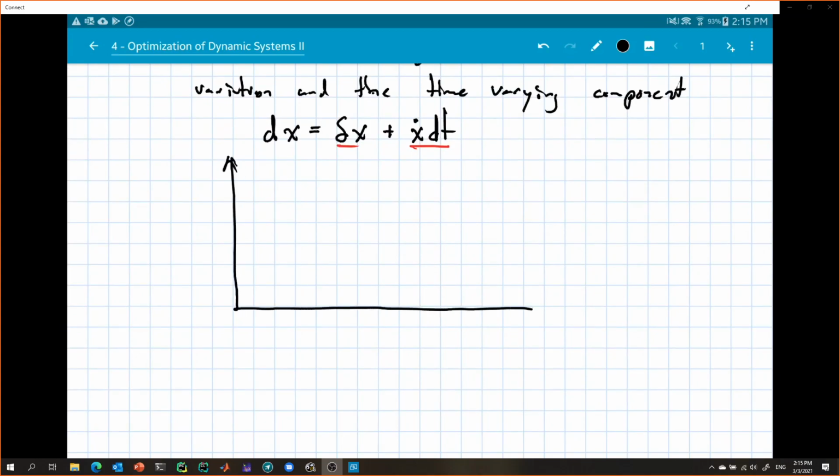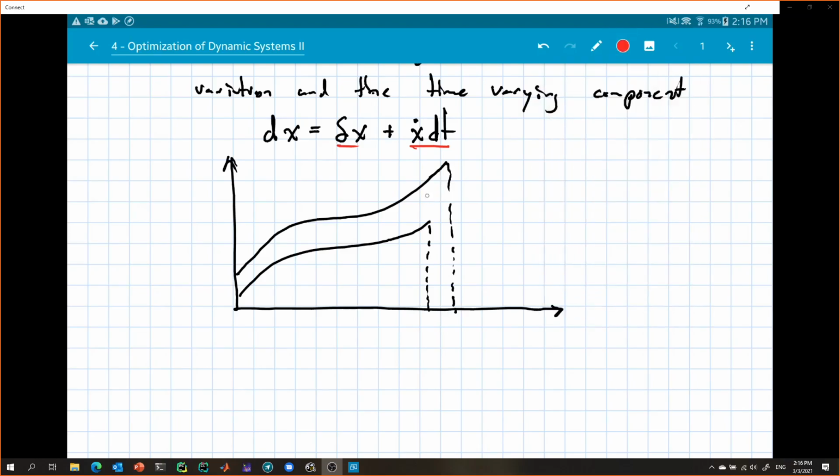So this also happens on the initial boundary, but I'm just going to deal with the terminal. So we have some function. Actually, this is the original one, and then this is a new one. So let me drop this down. So let's first mark, I use a different color, right here, like we had last time, is the variation in x. Oh, I'm sorry, I didn't label my axis. So this is going to be t, and this is going to be x.